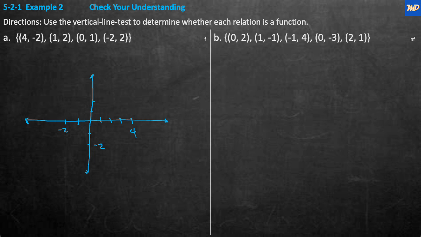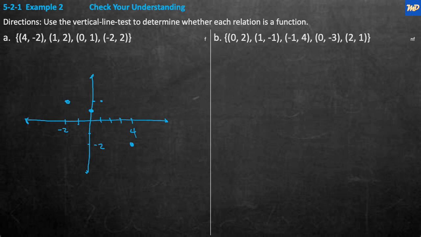Okay, so 4 is x and y is -2. So that's this one right down here. Okay, then we have 1 and 2. So here's x is 1, y is equal to 2. Then we have 0 and 1, right here. X is 0, y is 1. And then we have -2 and 2.